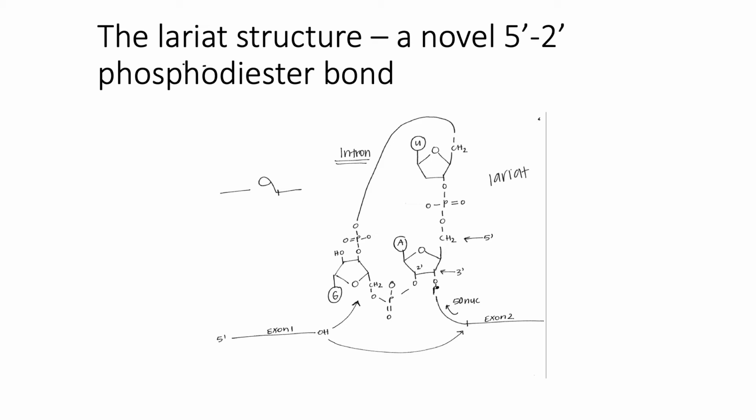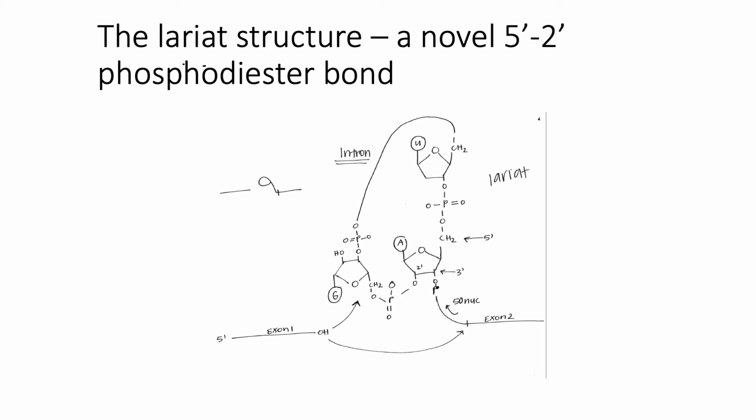What this is showing is that it links through normal phosphodiester bonds to the next nucleotide, which is U, and the one below, which I'm not showing. Just imagine these are all nucleotides, phosphodiester bonds, going around this whole intron. I'm not drawing them all, just a few. And at the very 5' end of the intron, there's that G. It's drawn upside down.